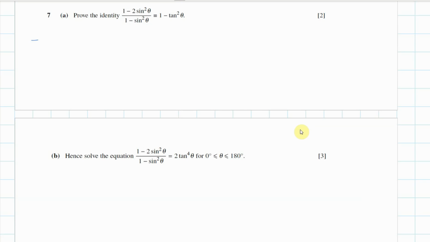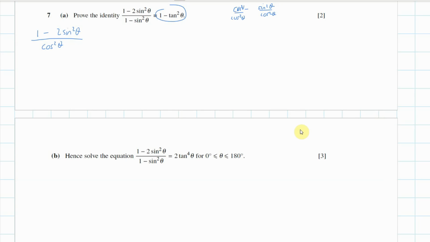Well, on the bottom, I could rewrite the bottom as cosine squared theta, because 1 minus sine squared theta is cosine squared theta. Now that's good, because I can see that this is like 1 minus sine squared theta over cosine squared theta. And so I'm thinking, well, maybe if I could somehow get this to be like cos squared theta over cos squared theta, maybe that's what I need to do here.